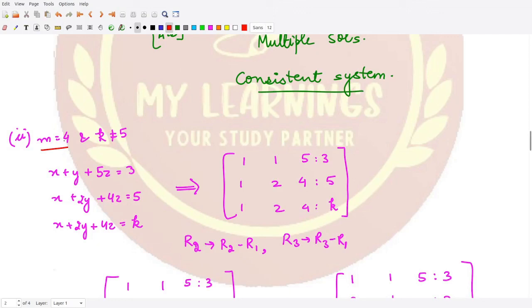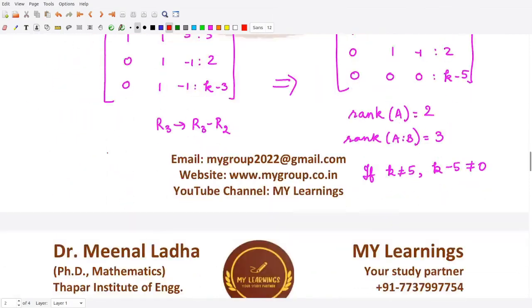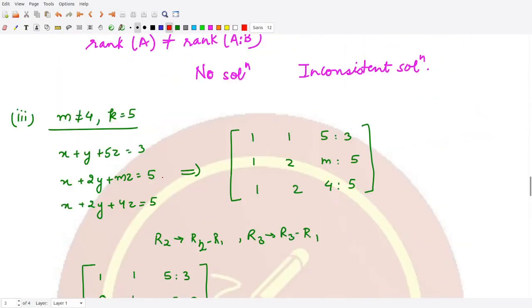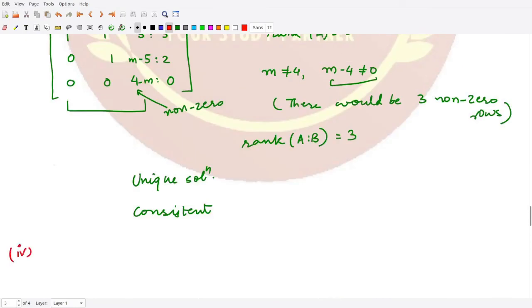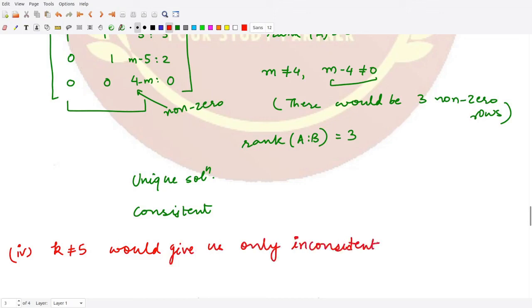That means whichever value of M you take, for K not equal to 5, you are always going to get an inconsistent solution. So no need to discuss this fourth case. In the fourth case, K not equal to 5 would give us only an inconsistent solution. Why? As we have discussed above.